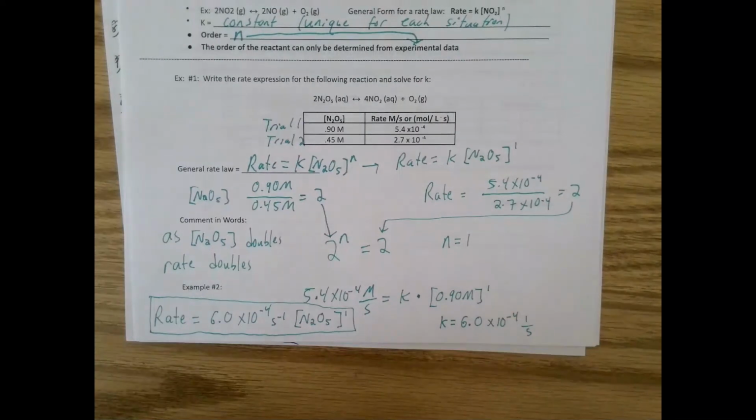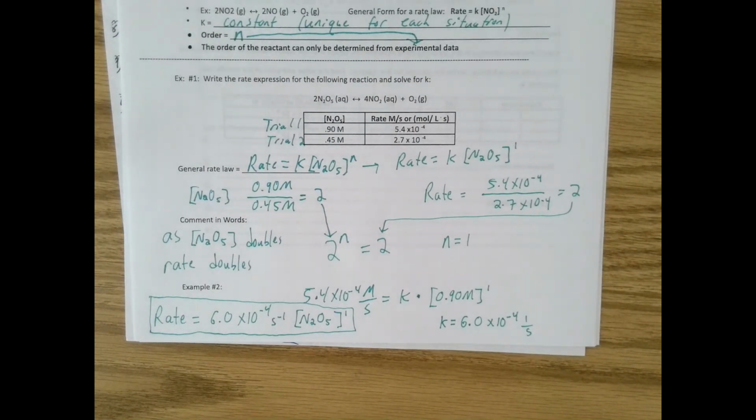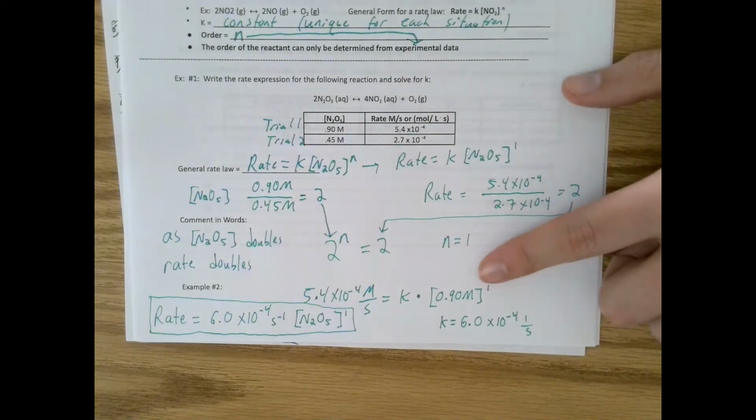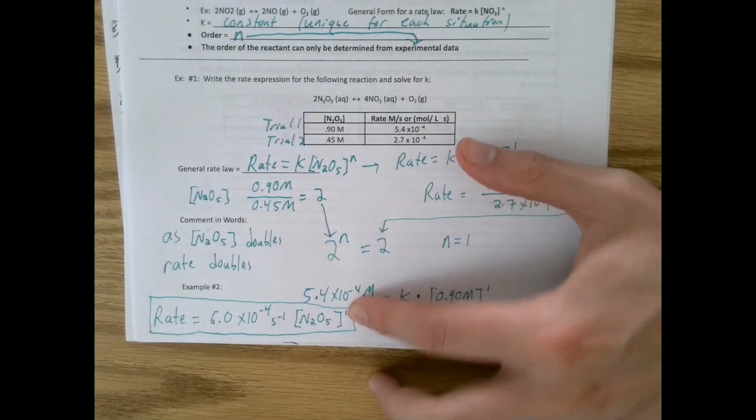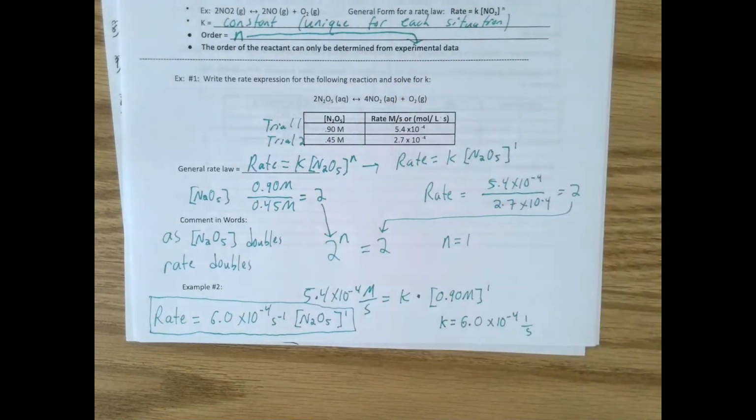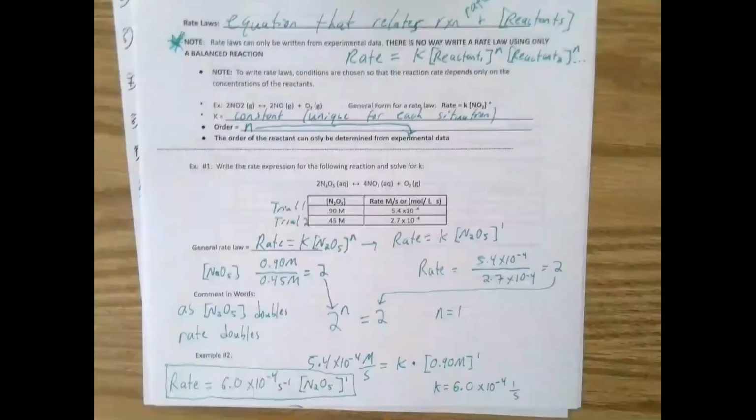Now, if I give you a concentration of N2O5, something molar, could you tell me the rate at which it will decompose? Yes. Okay. You plug in capital M here, per second here, you get your rate in capital M over S. Okay. Now do I have a useful expression for calculating rate? Yeah. So I call this my rate law.